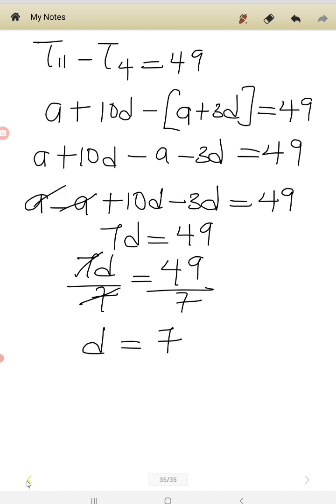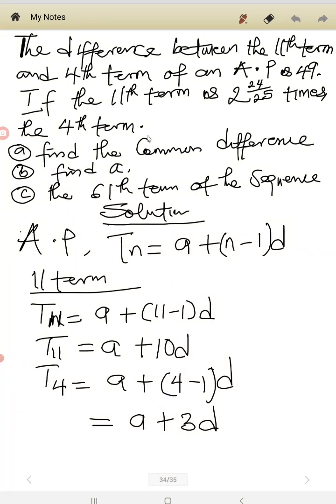So the question still continues. It said, find A. How do we find A?